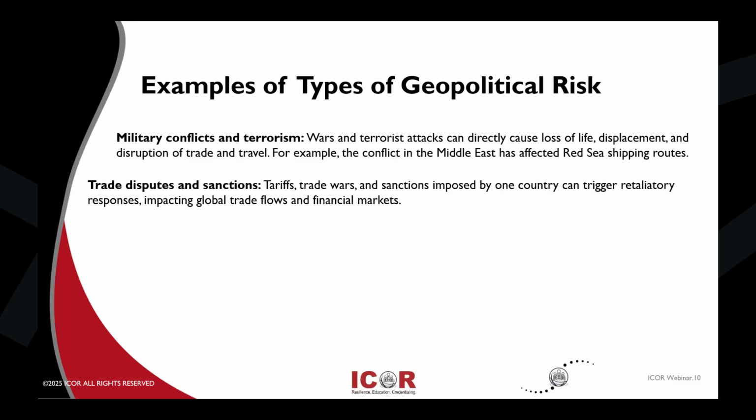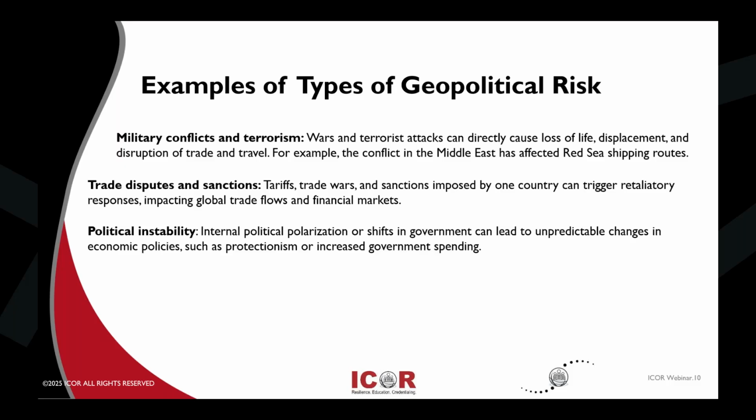When you have things like trade disputes and sanctions, tariffs, trade wars and sanctions imposed by one country, and here's my political, we can all say that the United States has done that, can trigger retaliatory responses, which many countries have also done, which is understandable, which has been impacting the global trade flows as well as the financial markets during the past 6 or 8 months.